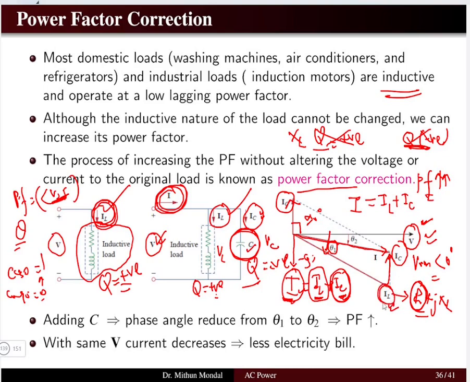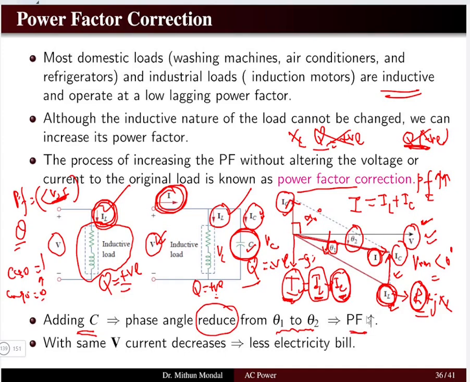So I have the load current here and this vector IC I am shifting here, then I have the current I here, that is the source current. Now the angle theta 2 is the new angle between the voltage and the current due to the presence of the capacitor. So due to adding the capacitor, the phase angle has changed from theta 1 to theta 2 and it has reduced. If the phase angle has reduced, obviously the power factor will increase.